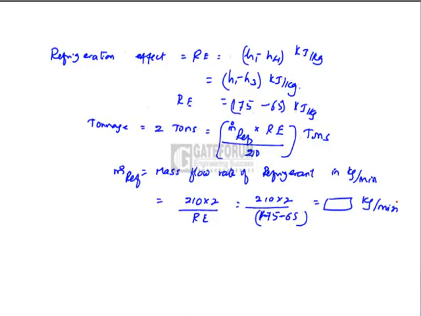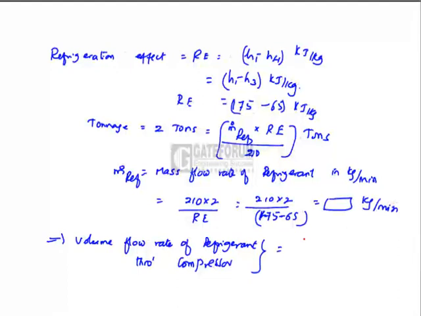The mass flow rate of the refrigerant through the compressor implies the volume flow rate of refrigerant through the compressor is equal to mass flow rate of the refrigerant into V1, the specific volume at inlet.